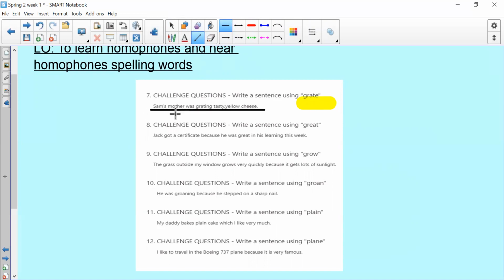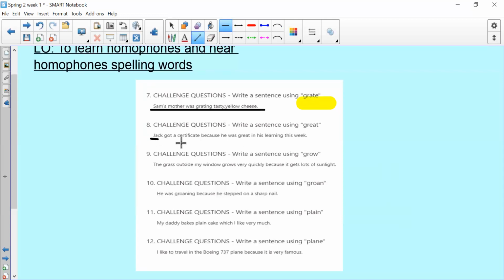So Sam's mother, apostrophe for possession, the mother of Sam, was grating. So he's taken the word grate, he's applied his spelling rule. Tasty yellow cheese, noun phrase there. He has really clearly shown he understands the word grating and the meaning behind that.